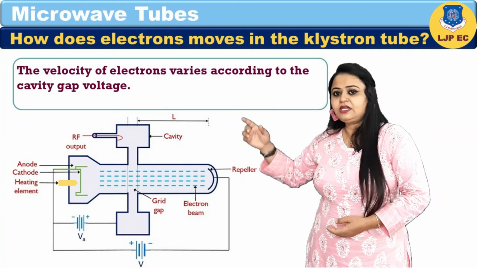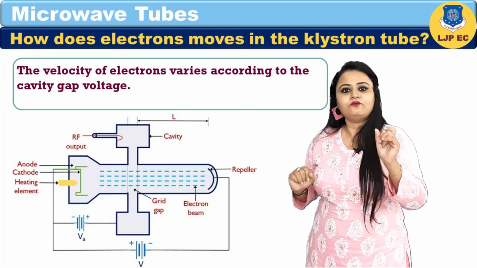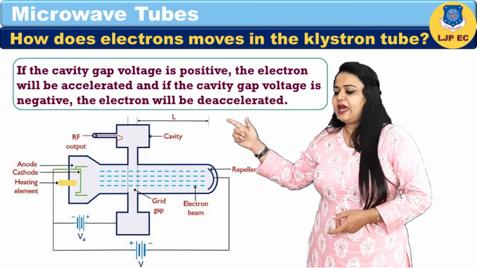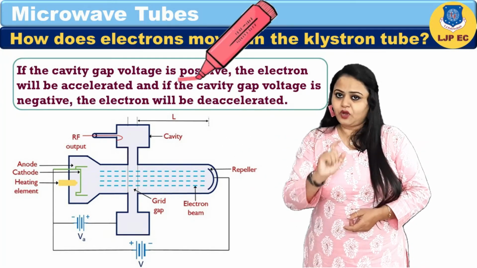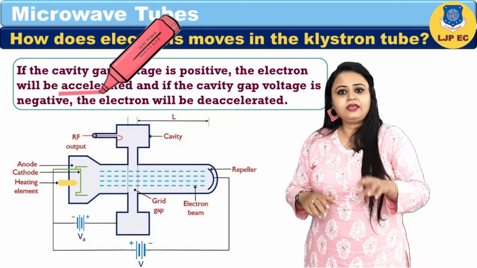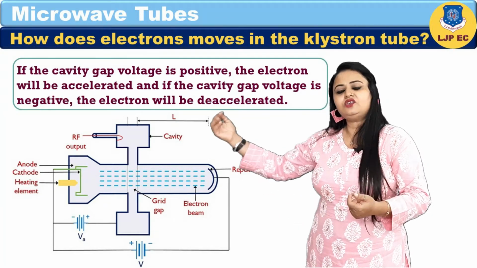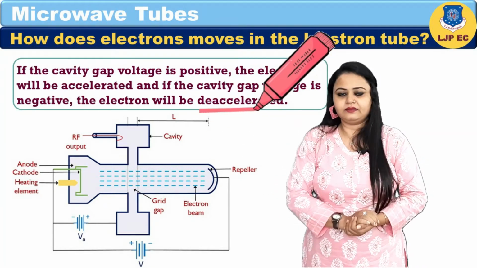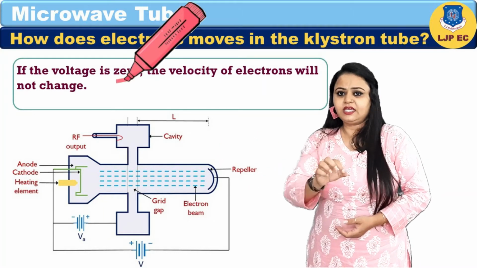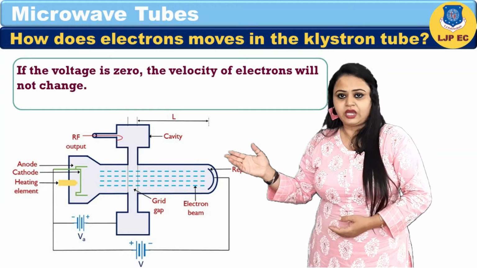The velocity of electrons varies according to the cavity gap voltage. If the cavity gap voltage is positive, the electron will be accelerated, and if the cavity gap voltage is negative, the electron will be decelerated. If the voltage is 0, the velocity of electrons will not change.